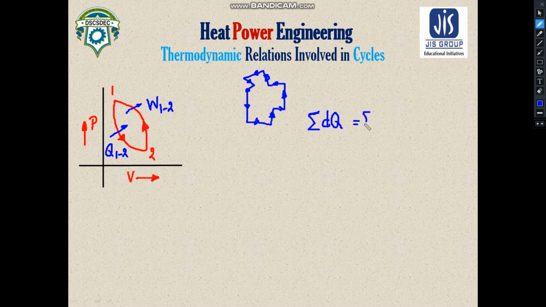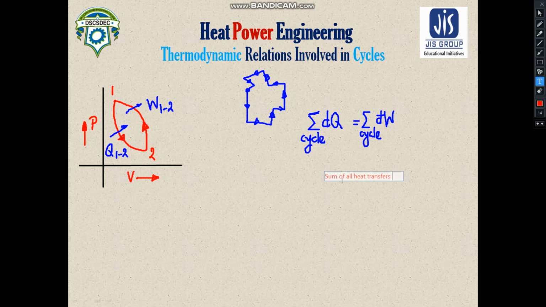So we can say that the sum of all heat transfers for a thermodynamic cycle would be equal to the sum of all work transfers involved in all the processes for this thermodynamic cycle. It is very easy to understand. Is that clear? So the sum of all heat transfers would be equal to the sum of all work transfers in a thermodynamic cycle. Just a minute, I am writing it down.